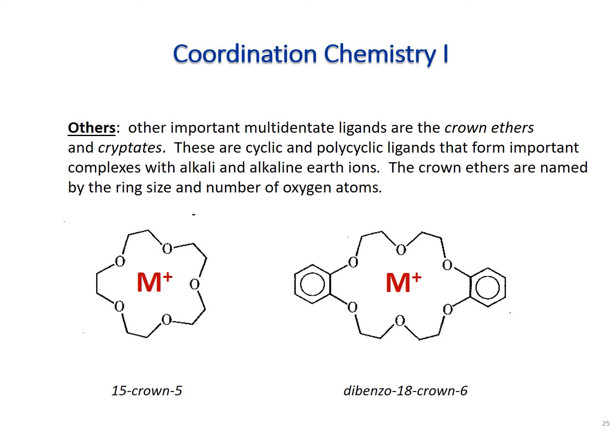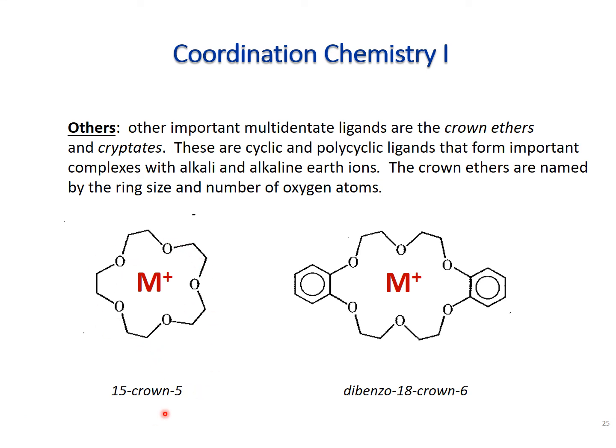You can have cyclic or polycyclic ligands, and crown ethers, for example, are well known for alkali or alkaline earth metals being the metal inside. So crown ethers are named for the ring size and the number of oxygen atoms. So 15-crown-5 is an example of a slightly smaller one.